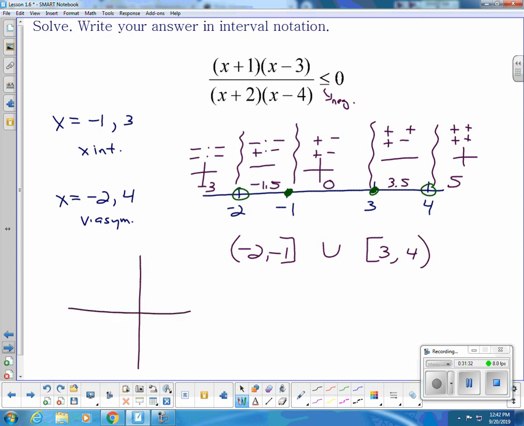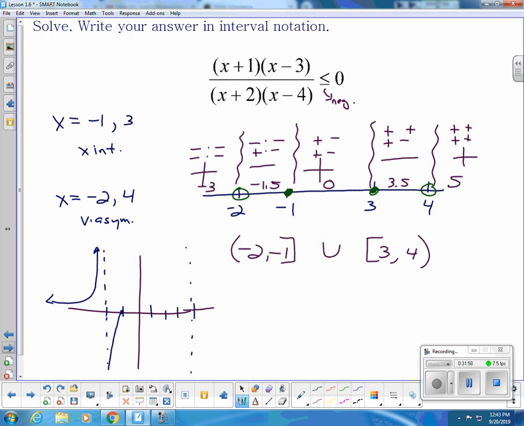So again, I don't know exactly what I'm looking at here. But I know I have an asymptote here, and I have an asymptote here. My graph is above the asymptote, above the x-axis here. It goes below it here. It's going to cross here.